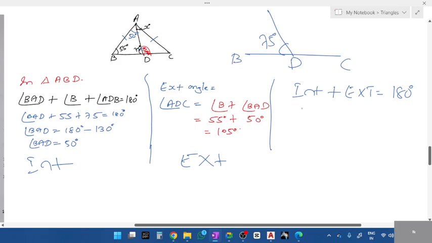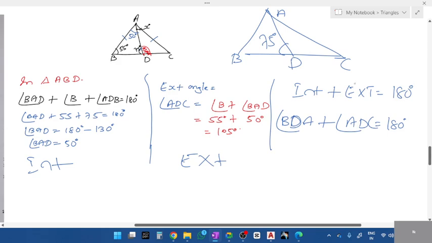If you use the straight line concept, which is interior? Angle BDA plus, which is exterior? How do you write the exterior angle at D? ADC. Interior plus exterior is 180.